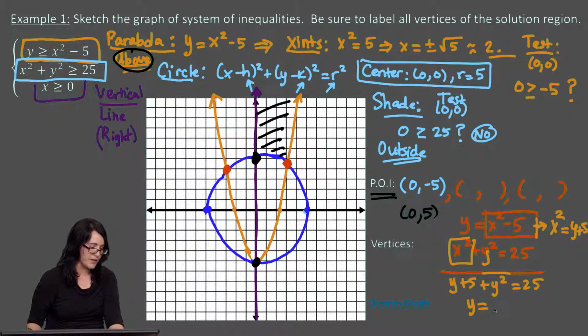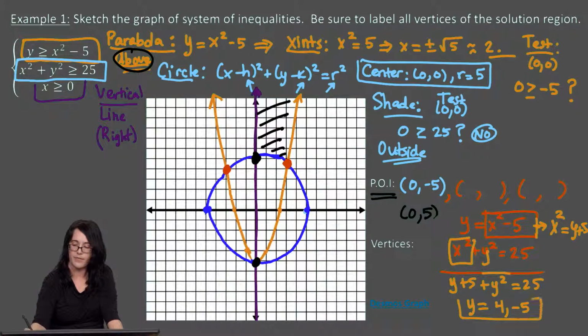But the two y values that you should be getting are, let's see, 4. Yes, the y value of 4 and the y value of -5. So you should end up with y equals 4 or y equals -5. Now what's interesting about that, when you solve using the quadratic formula, or factoring is easier, by the way, is that we already knew what happened when y was -5. Take a look at your graph.